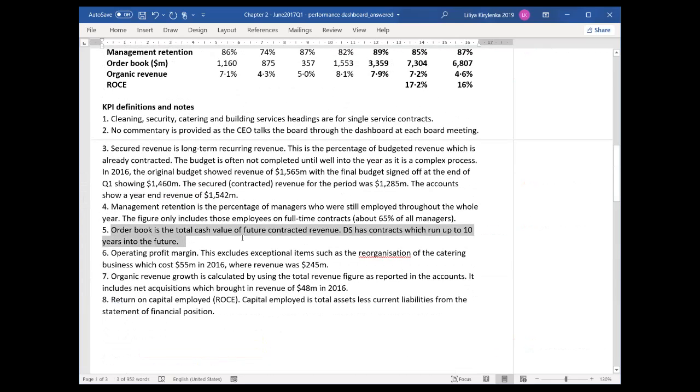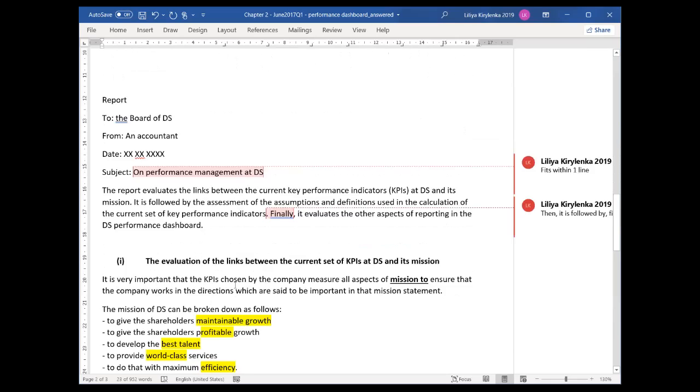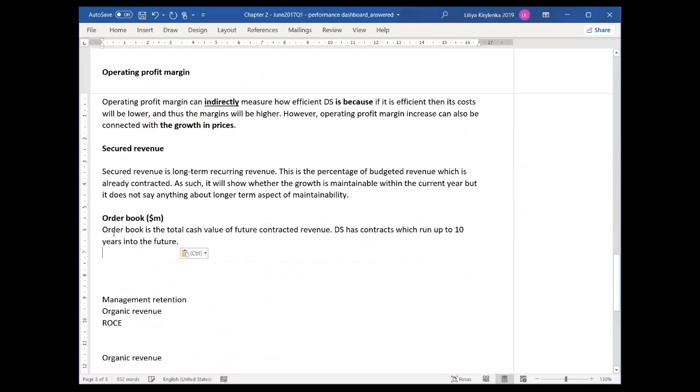Well, order book is the total cash value of future contracted revenue, and that with services contracts which run up to 10 years into the future. Well, we will not talk about discounting anything because, again, it is another aspect, another question. But here we will say, what does it mean? Well, it means that order book actually measures whether the revenue is maintainable.